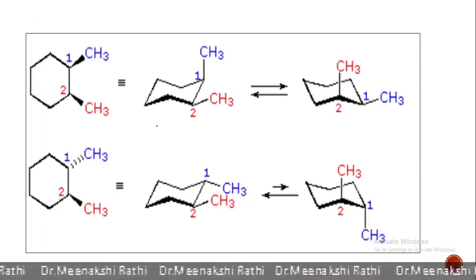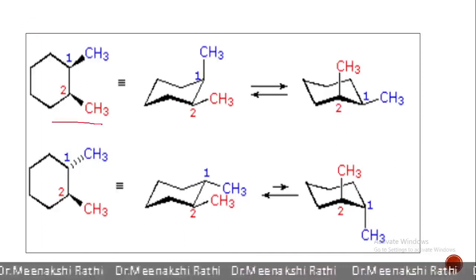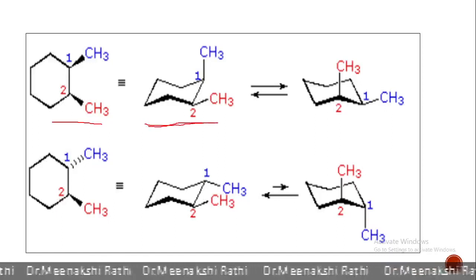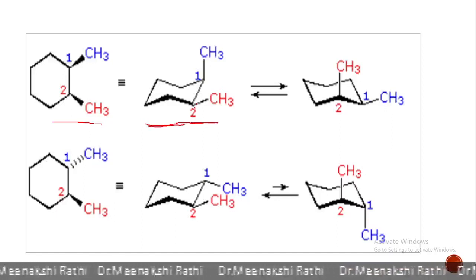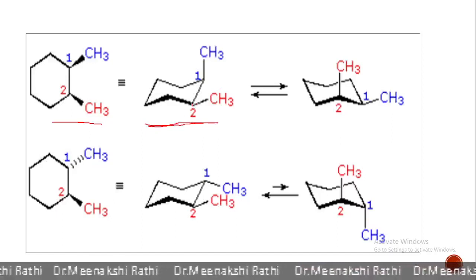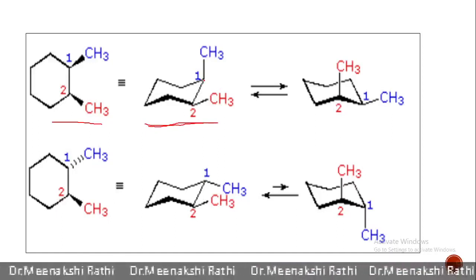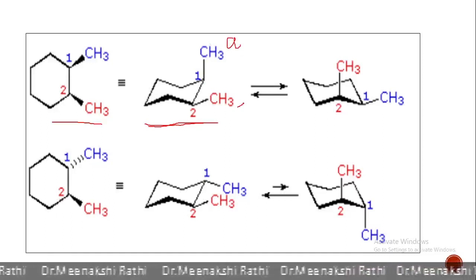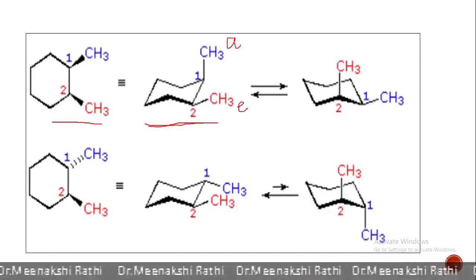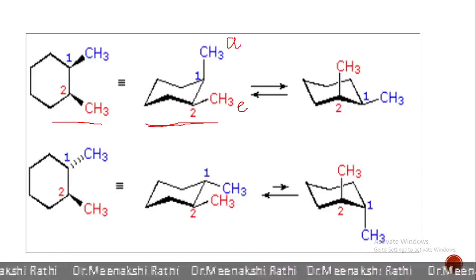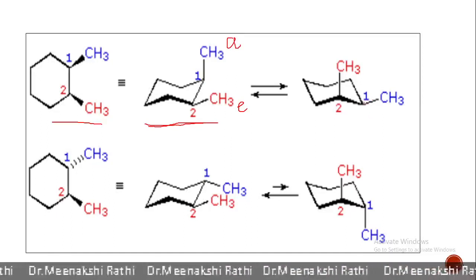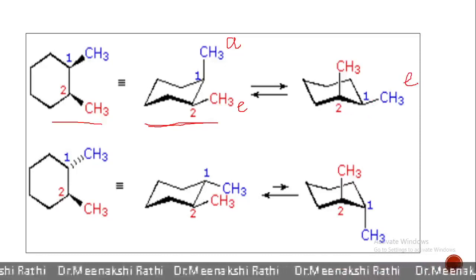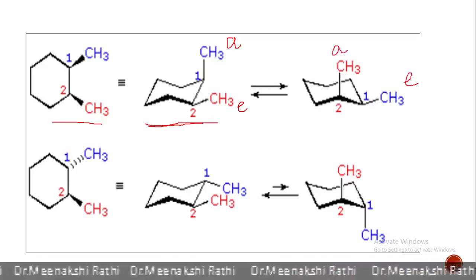Now here in the first example you can see two methyl groups are present at the 1 and 2 positions, where one methyl group is axial and the other is at the equatorial position. While here, at the first carbon atom the methyl group is equatorial and at the second it is axial.